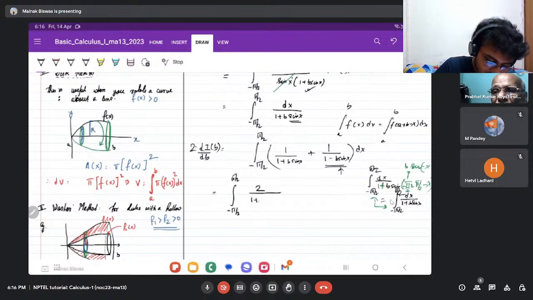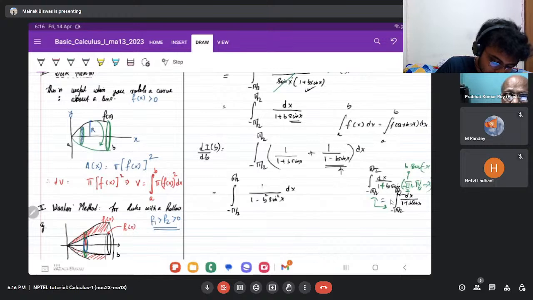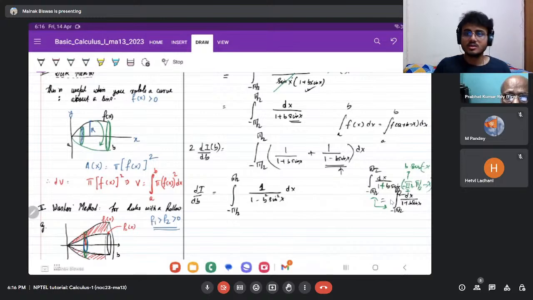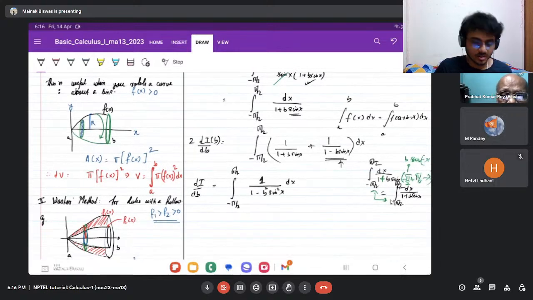And in the denominator you will be having 1 minus b square sine square x, dx. Agreed? Or I can cancel 2. Yes or no? Yes, okay. So others? Is it okay? Yes, sir. Okay.